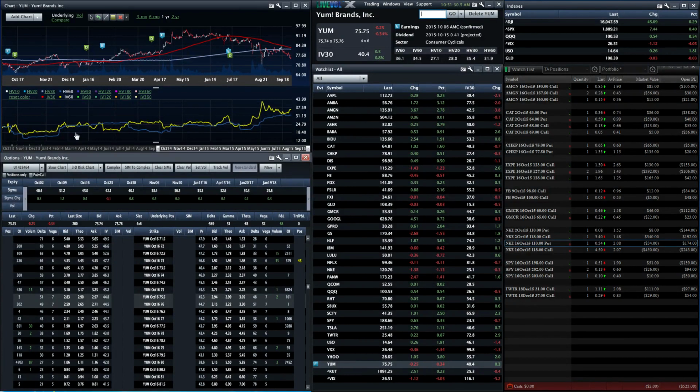So this means the market is currently pricing a move of $33.44 either direction within 1 year with a 67% certainty, or 1 standard deviation.